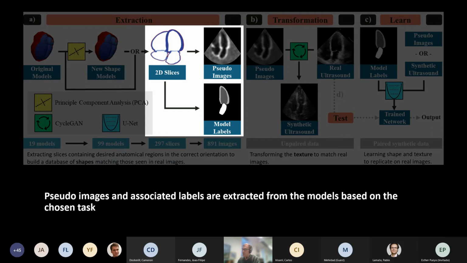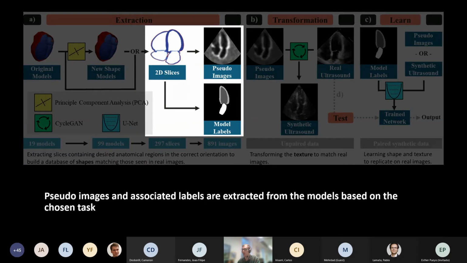Okay, and then the next step is that we're going to use this for an analysis of 2D image segmentation. So we have to extract a set of what I call pseudo images and model labels that match the segmentation task that we want to perform.